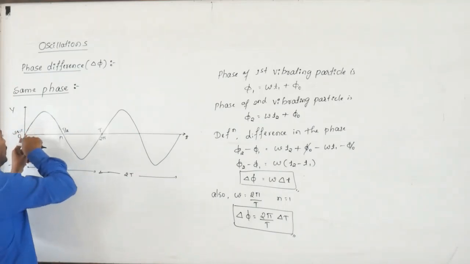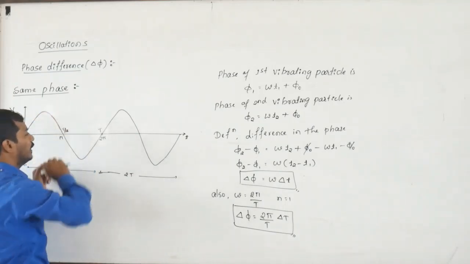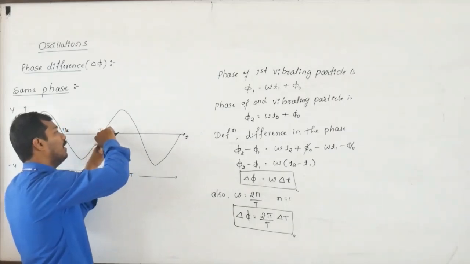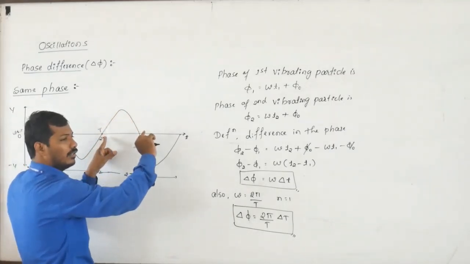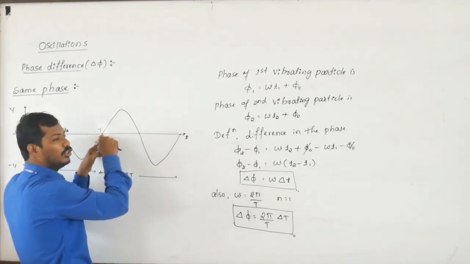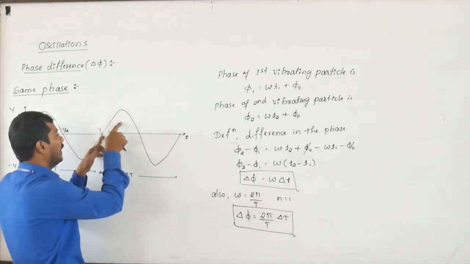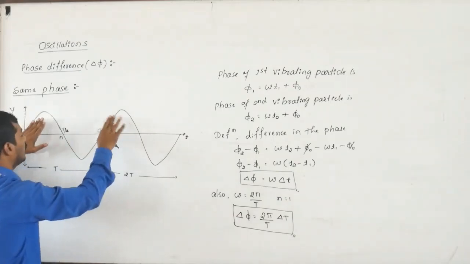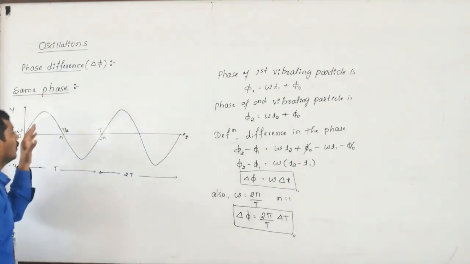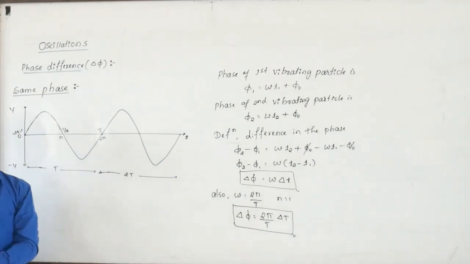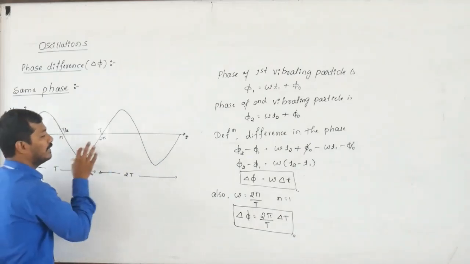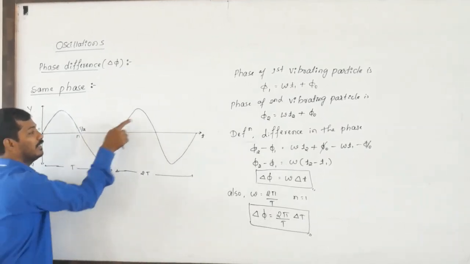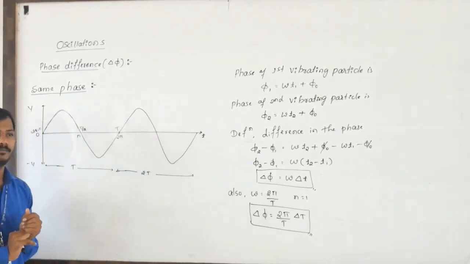It starts from its mean position in the positive direction, and after T it travels in a positive direction again from the mean position. Both are in a positive direction, so it is considered the same phase. These two are in the same phase, and these two are in opposite phase.